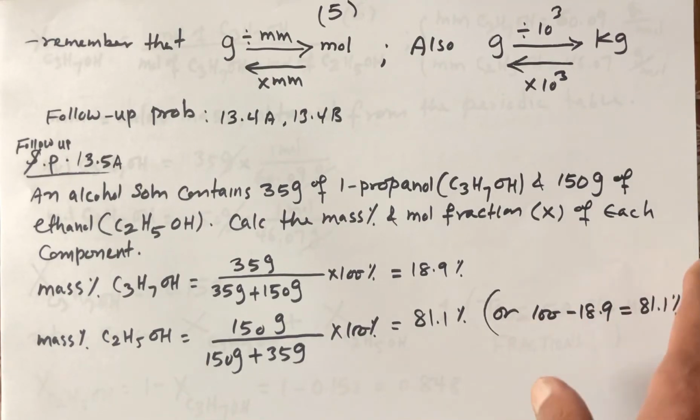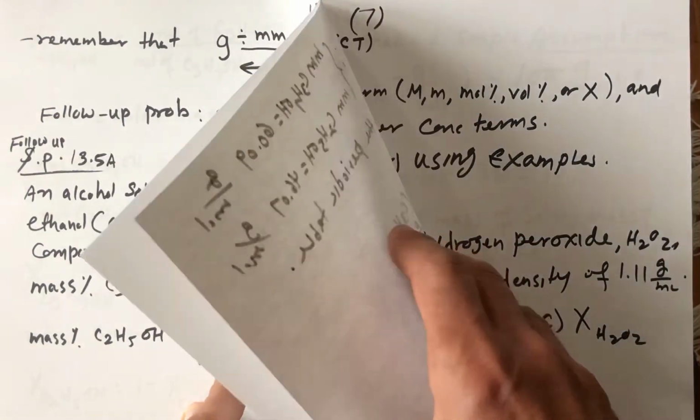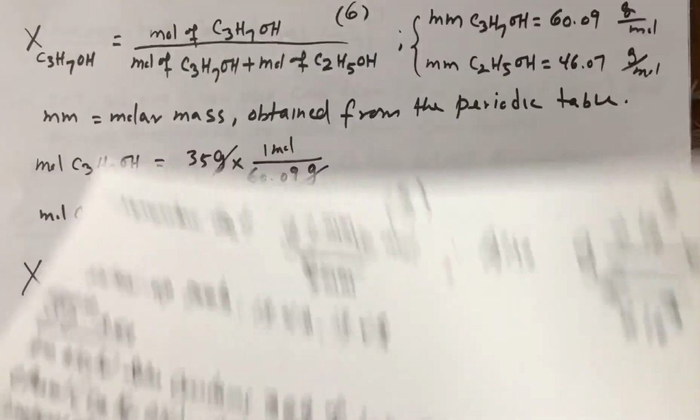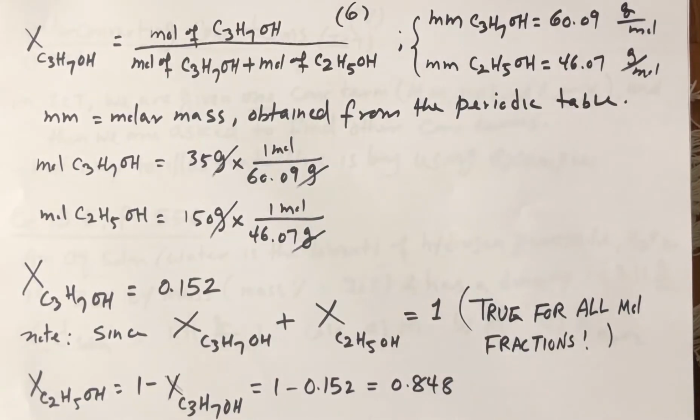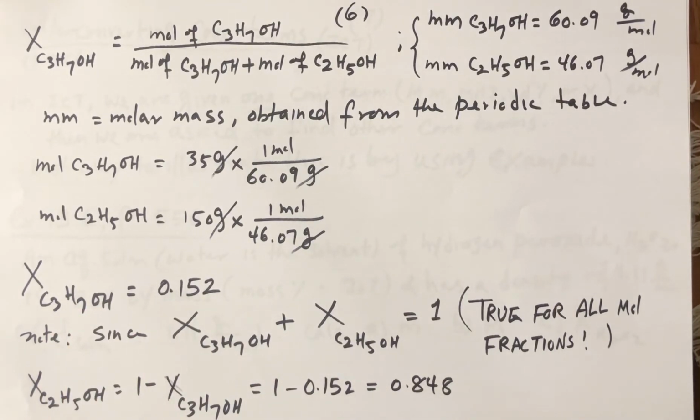Okay. Now, in the next slide, we are going to take a look at the mole fraction. So basically, that's part B of the same problem. What is the mole fraction of 1-propanol? Or what is the mole fraction of ethanol?